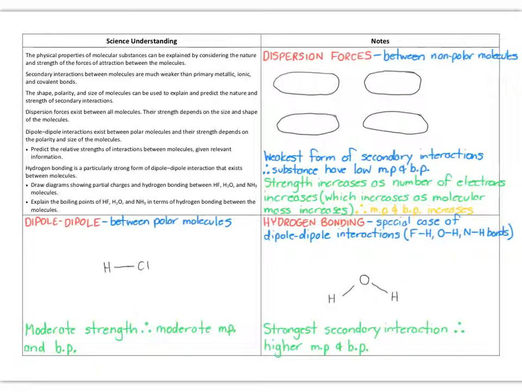So, dispersion forces form within a molecule. These little blobs here, these elliptical shaped blobs, are all meant to indicate a very crude representation of a molecule.